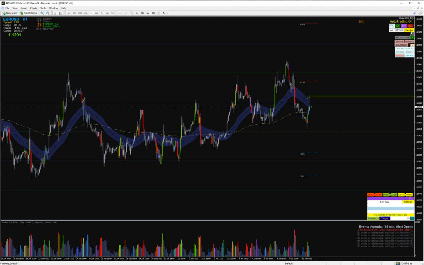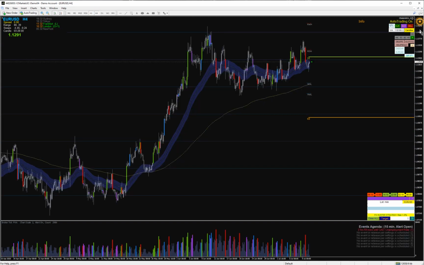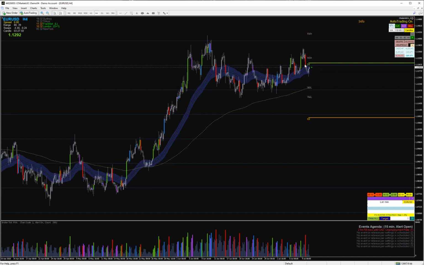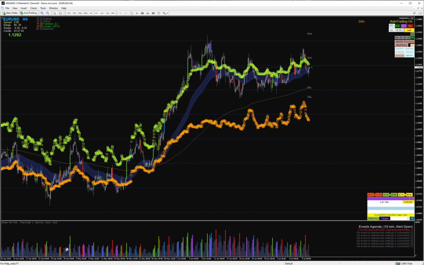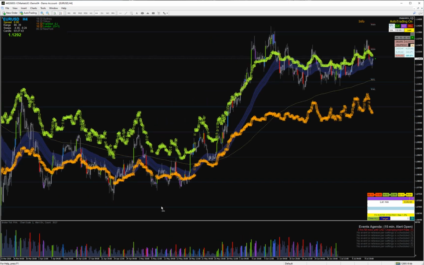And right now, look at this, what I have on my chart. I have these two lines which are showing me the average entry price of the buyers and the sellers, and I can look at it like this into the history, and look what always is happening.